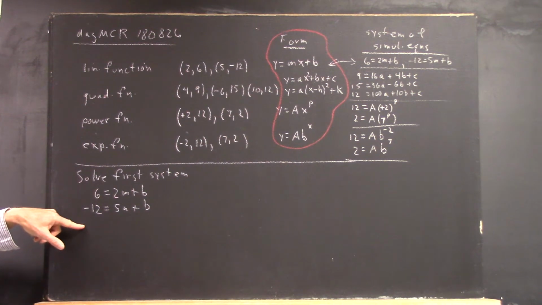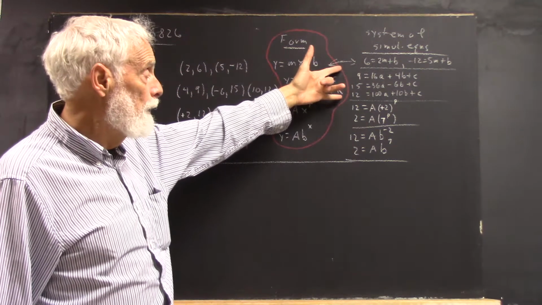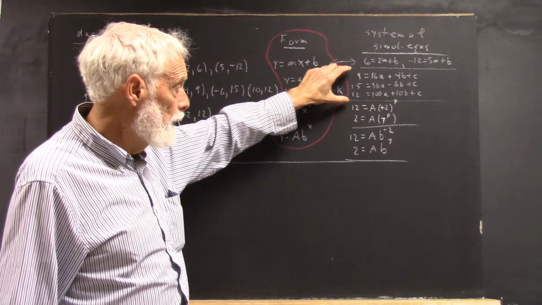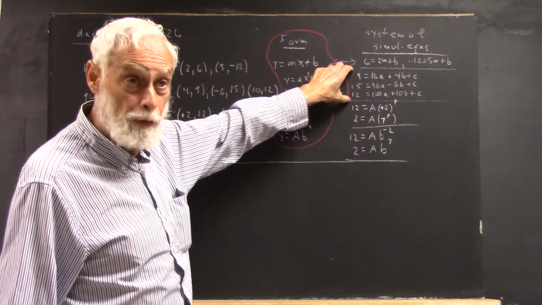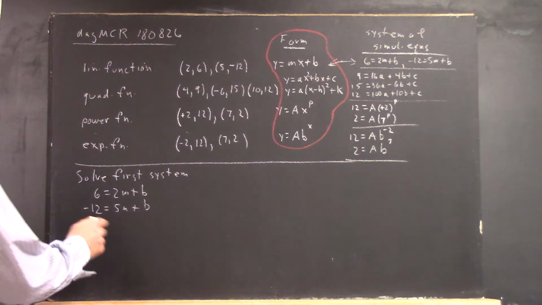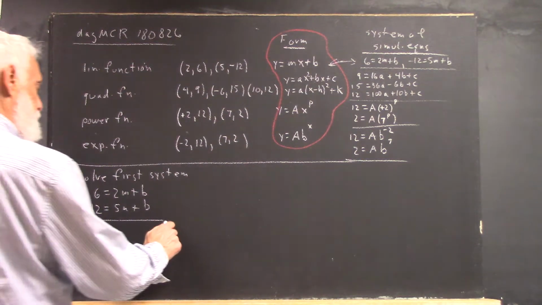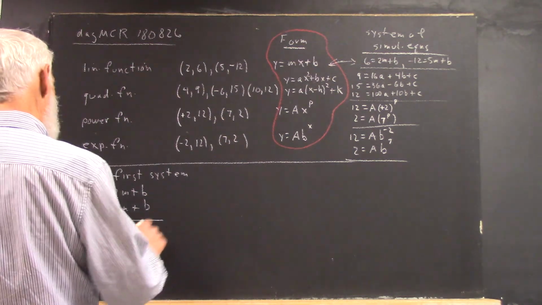Now, the most straightforward method for solving these equations, which is very much like what we did to eliminate a variable from these 3 equations during the first week of class, is, let's eliminate b.